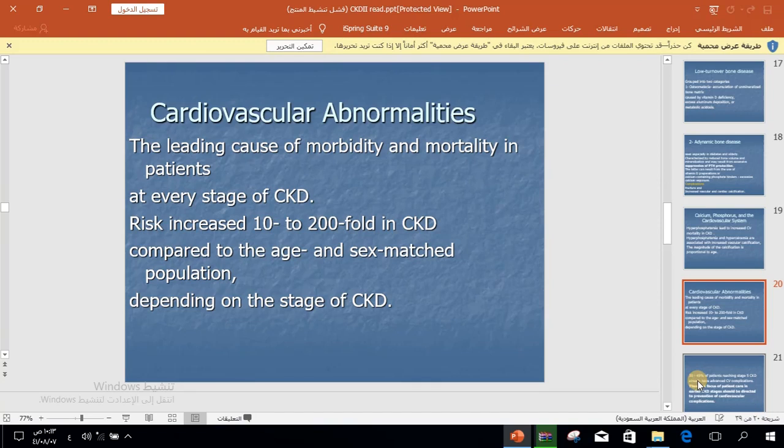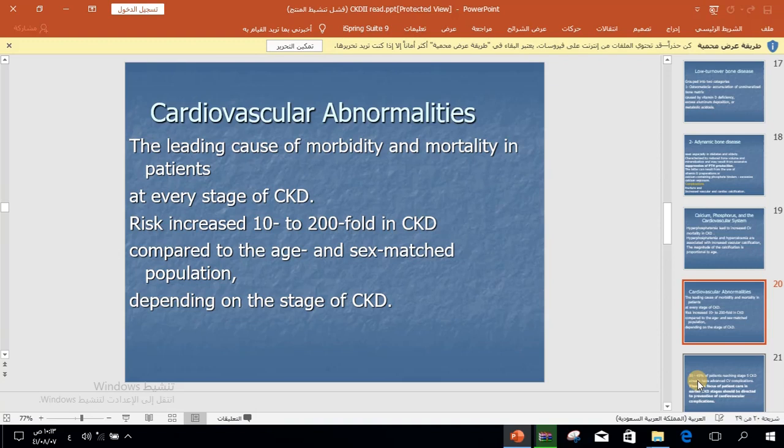The other manifestation of parathyroid hormone, it affects mainly the cardiovascular system. It leads to increase of calcium phosphate products in the blood, and this leads to intimal damage, and this leads to atherosclerosis of the vessels.